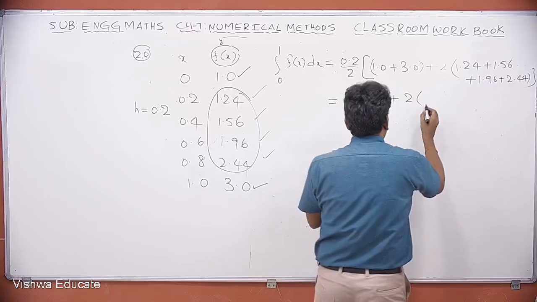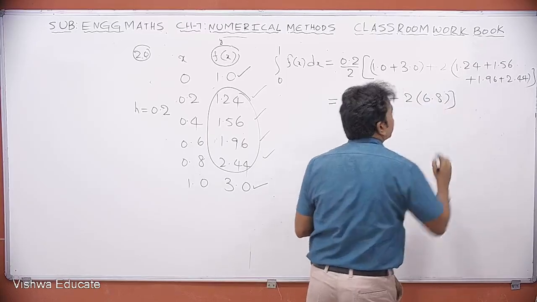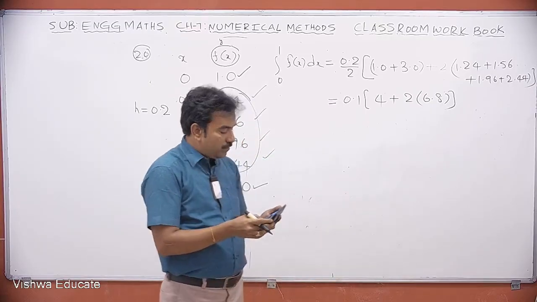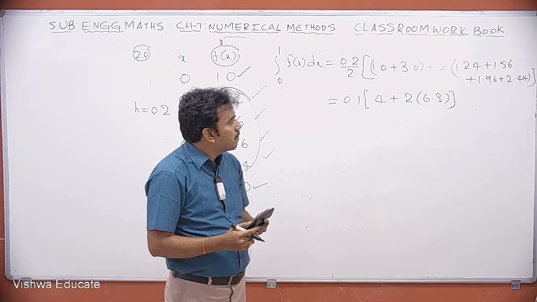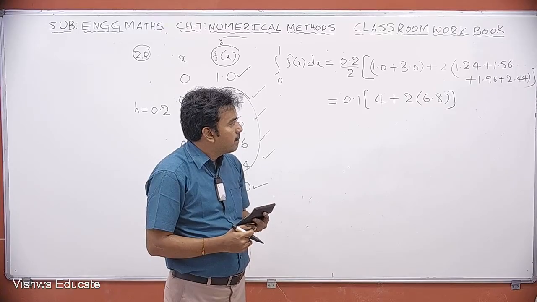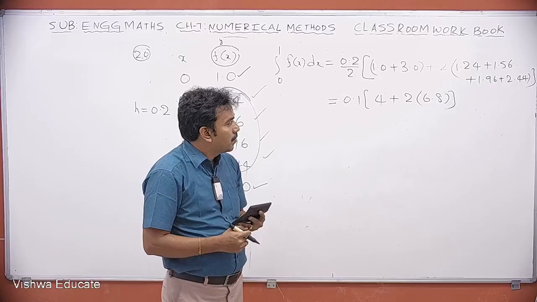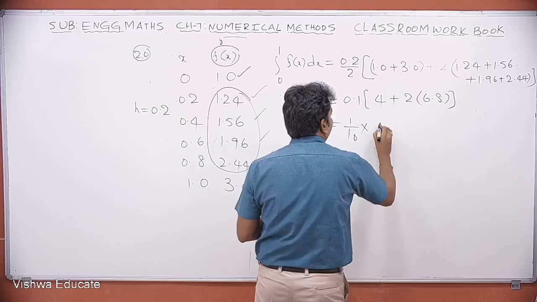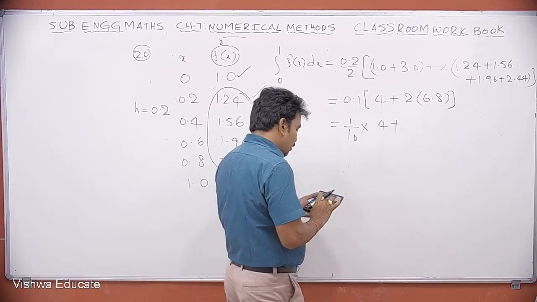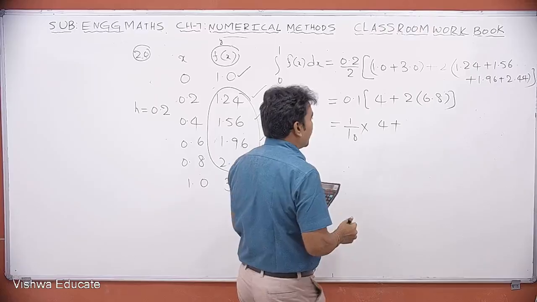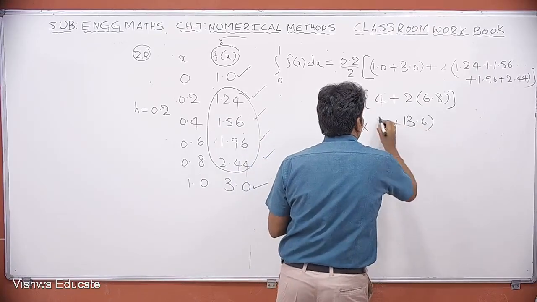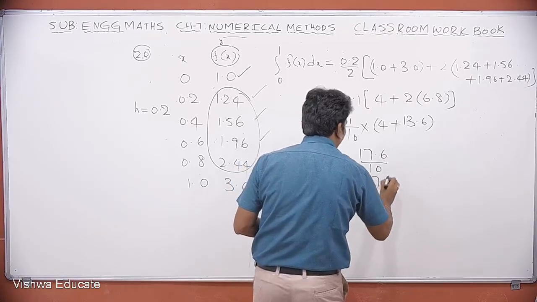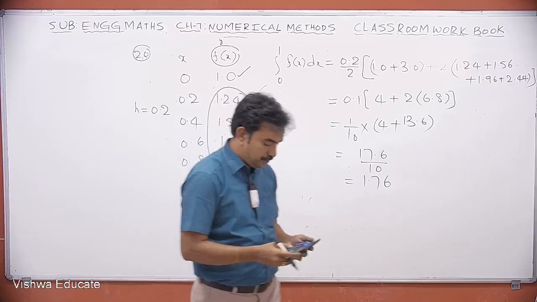So it is 6.8. So therefore this is 1 by 10 into 4 plus 6.8 into 2, 13.6. So therefore this is 17.6 by 10. This is nothing but 1.76.